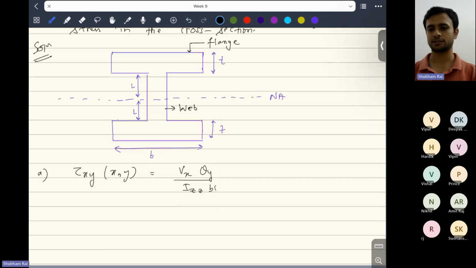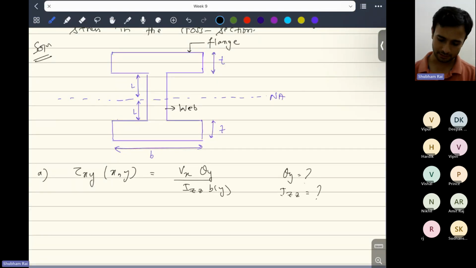Here B is constant, it's not a function of y. In this expression we do not know what Qy is, and we do not know what Izz is. These two things we do not know. And the shear force, I'm assuming that on a particular cross section we know it, which you can find once you have been given some bending moment, or the force acting on the beam.